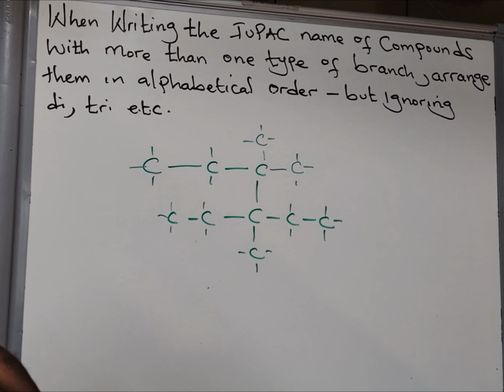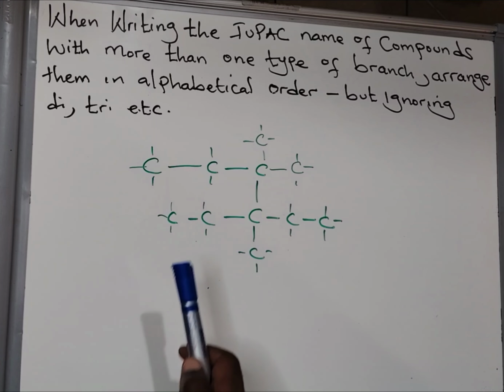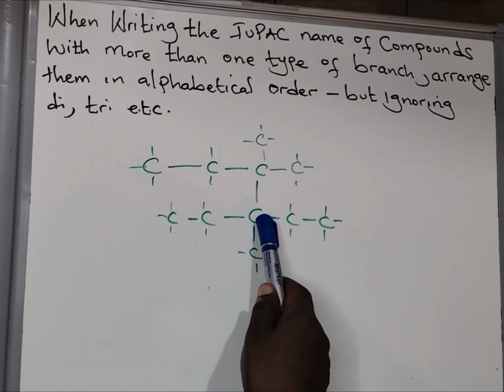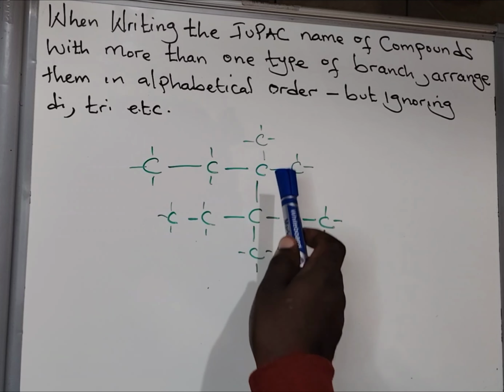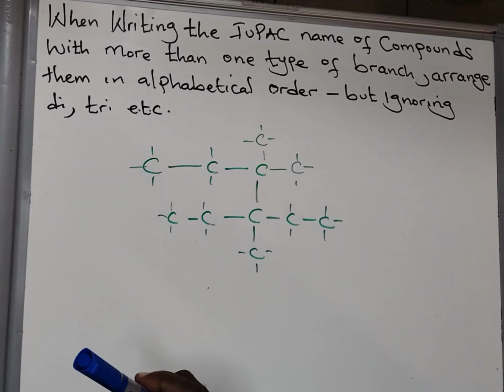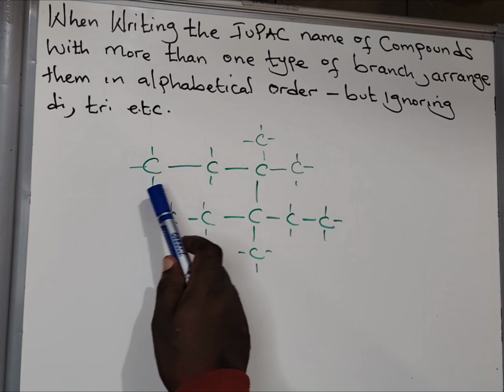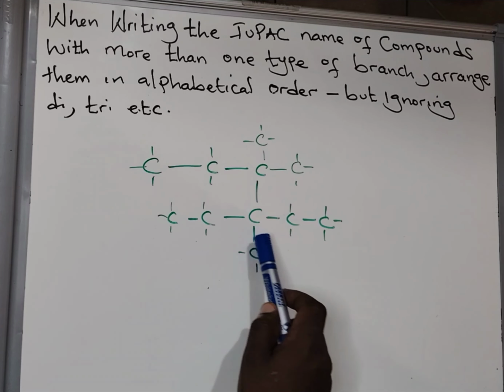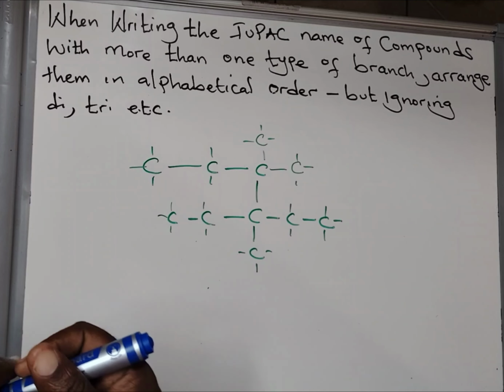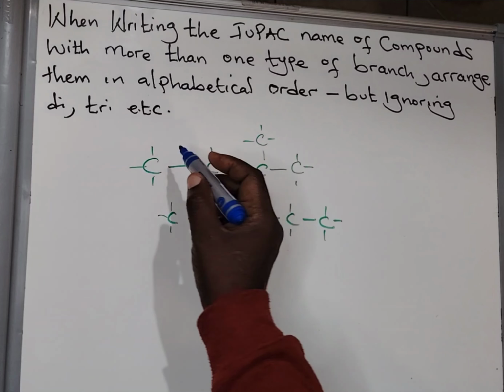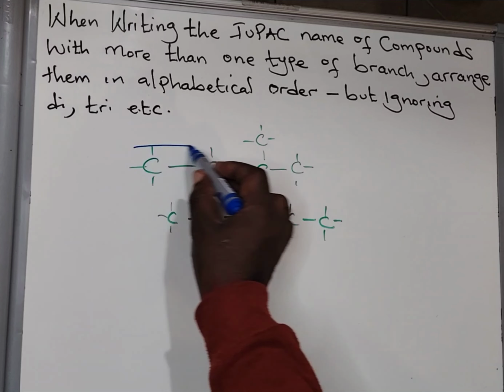And what are we trying to do here? The first step on this compound is to identify the longest chain. Okay? We can say 1, 2, 3, 4, 5, 6. Okay, so we have 2 alternatives. You can take this, or you can come to this. So what we normally do, we cut it out.